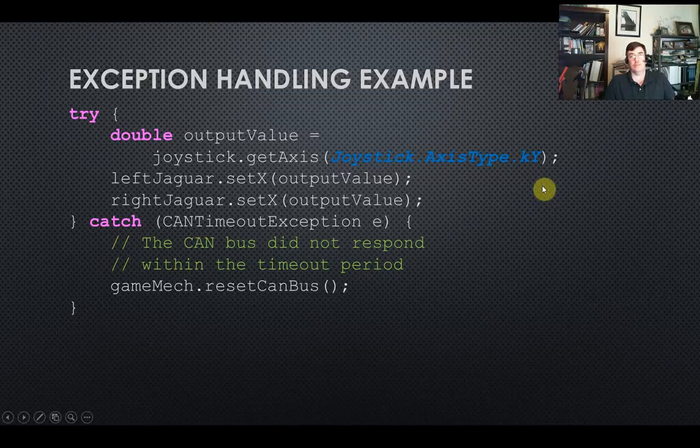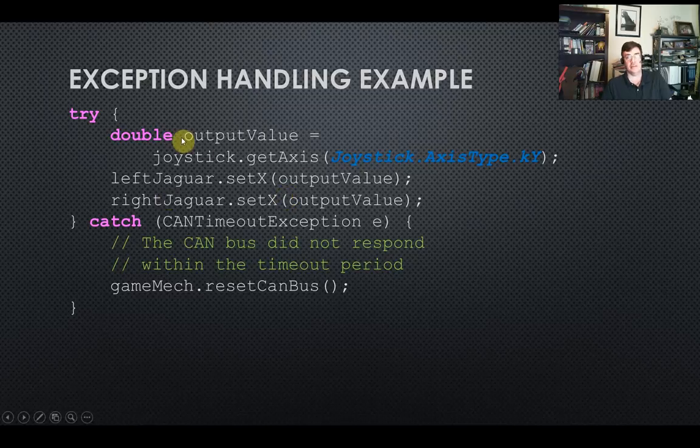Remember when I spoke briefly about naming conventions, I mentioned that C++ uses a different naming convention than Java, and the FRC Java library is a cross-platform library. That means there's both a C++ and a Java version of it. So the naming conventions that we see in the FRC library tend to use the C++ naming convention. So the lowercase k simply means it's a constant.